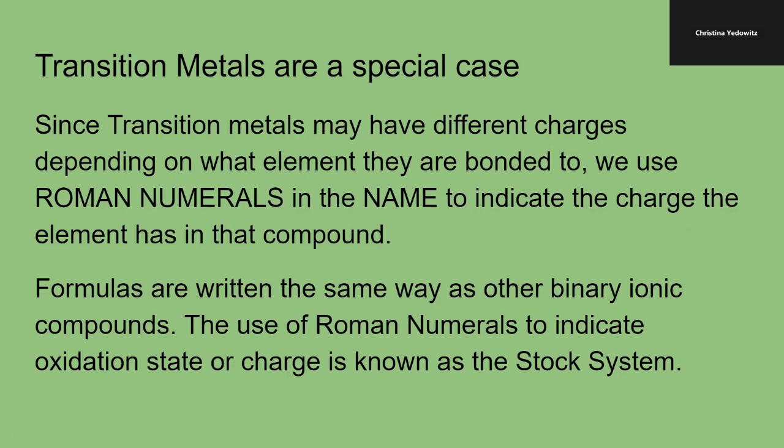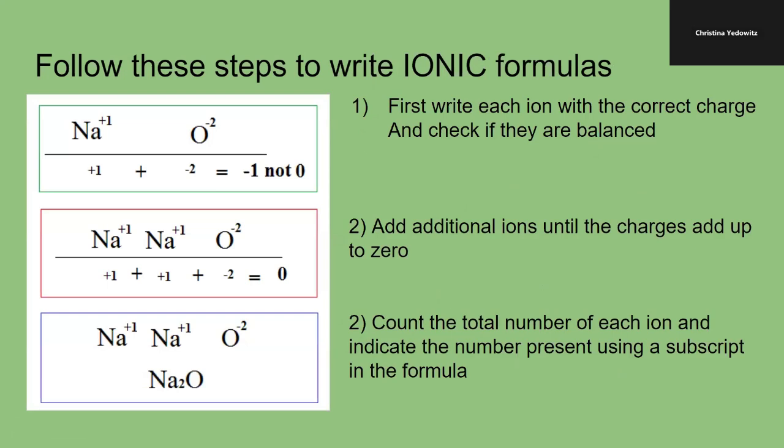It's when you write the name that it becomes a problem. When you write the name out for me, if it's a transition metal and has more than one charge, and then you go to write the formula, you're going to need to balance the charges to write the formula like we were doing here. If you don't know which charge to use, because there's more than one charge there, you're going to get kind of stuck.